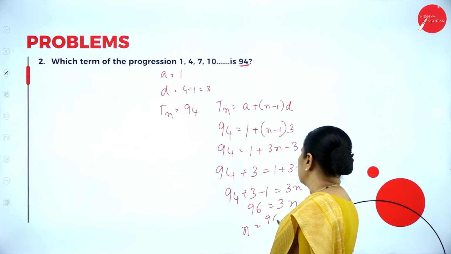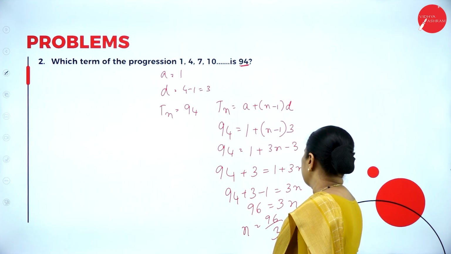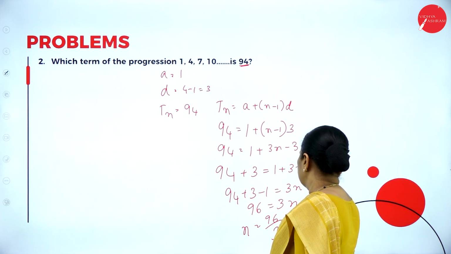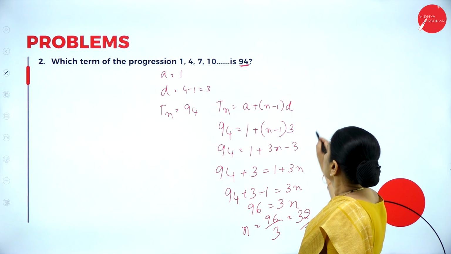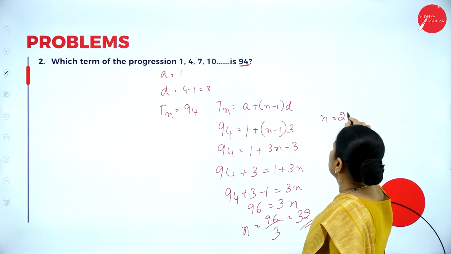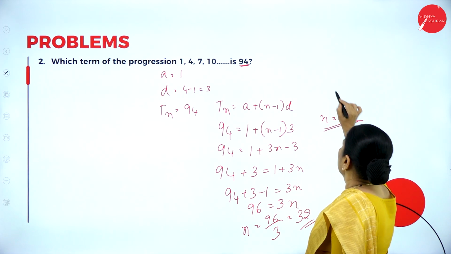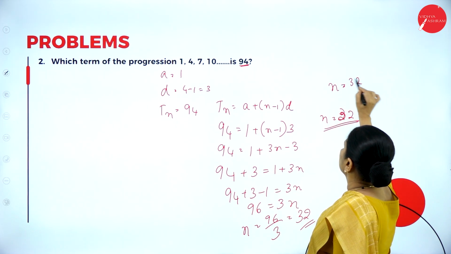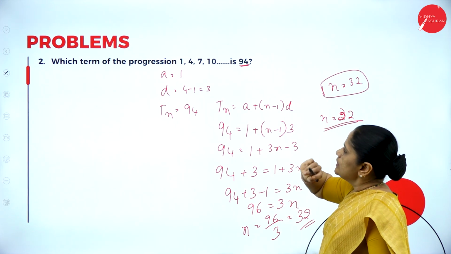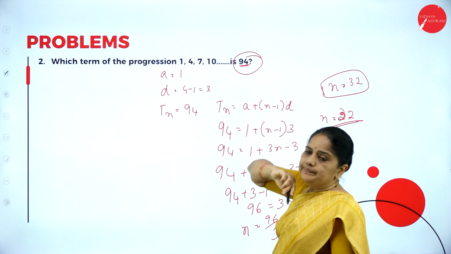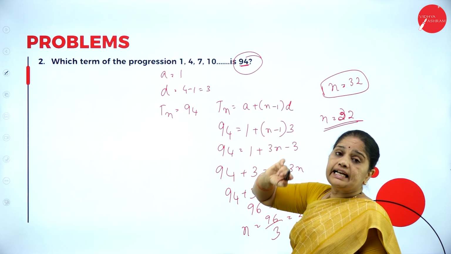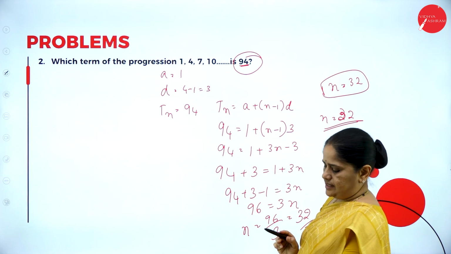N equals 96 divided by 3. 3 3s are 9. 3 2s are 6. So n equals 32. N equals 32. This is the answer. So the 94th term, it is the 32nd value of the series.